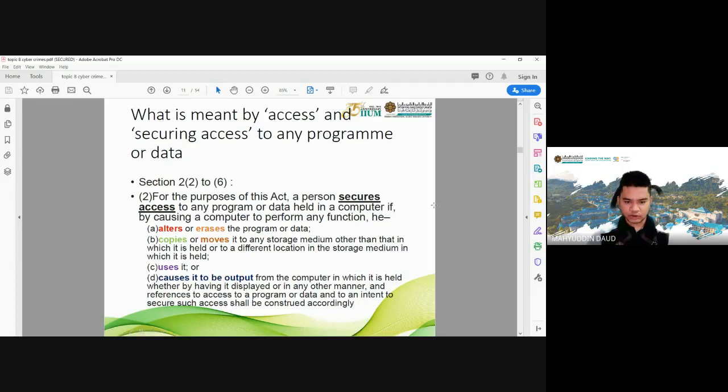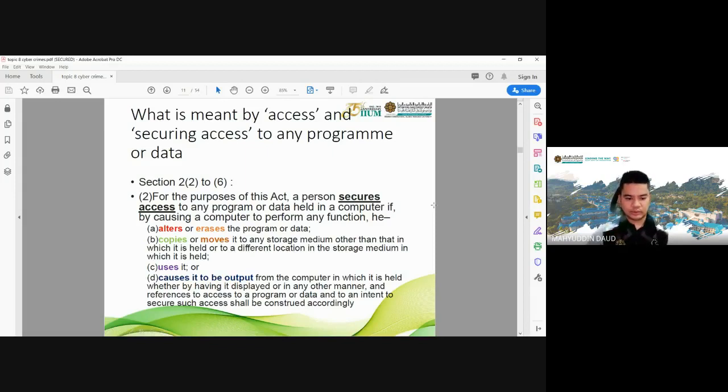You move it or copy it to a different location of storage, or maybe he uses the program, or he does something that causes the computer to output something.